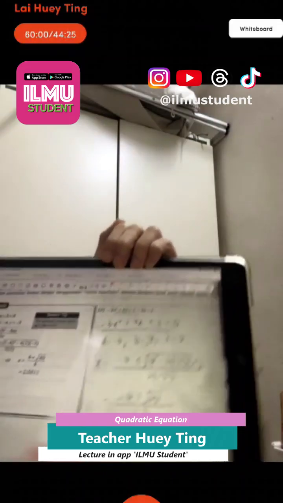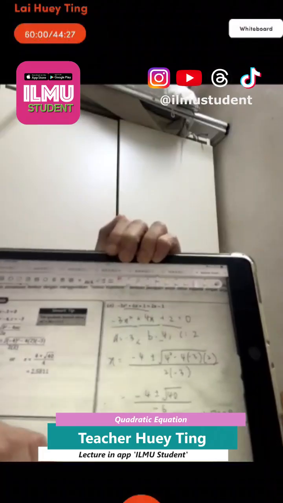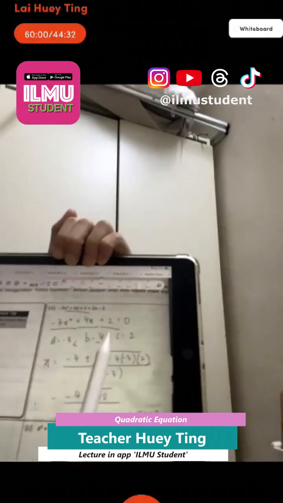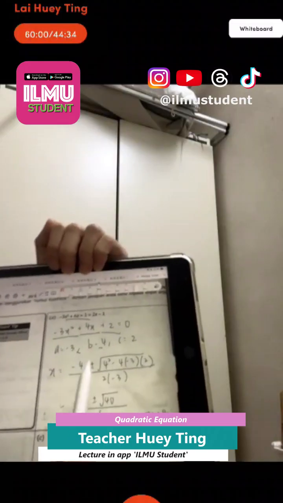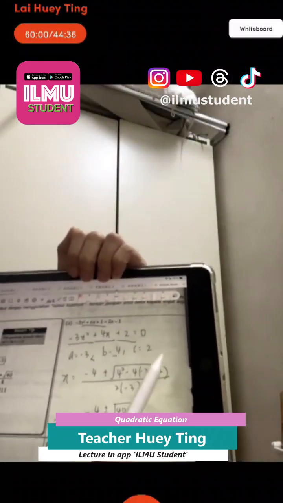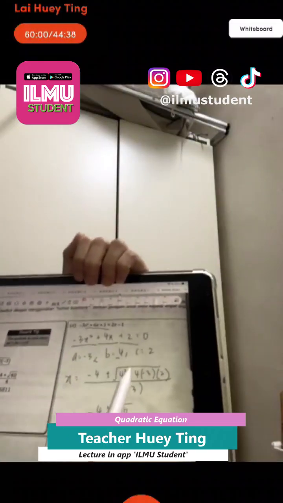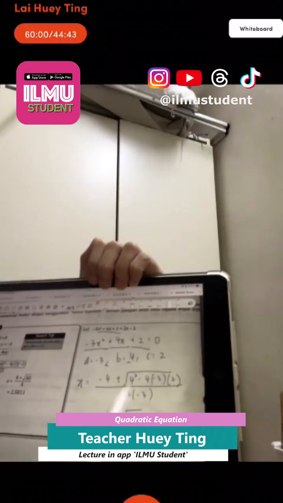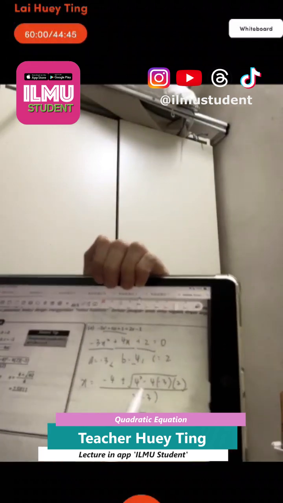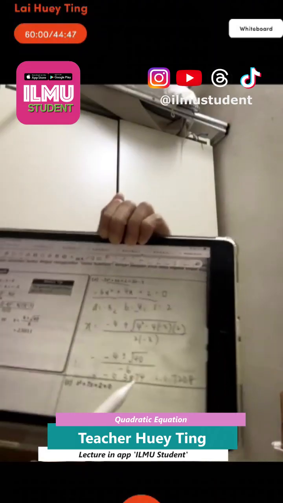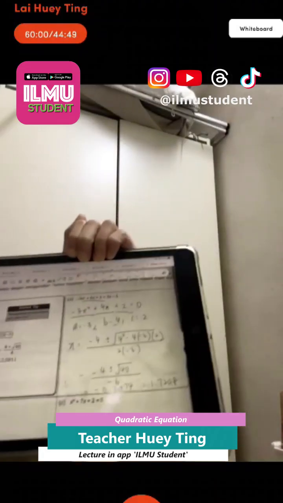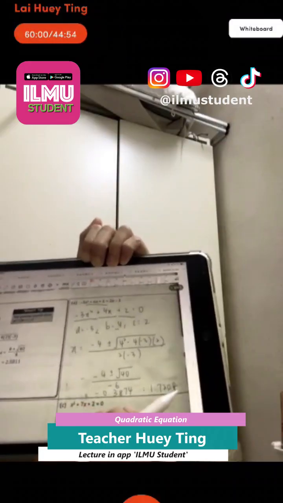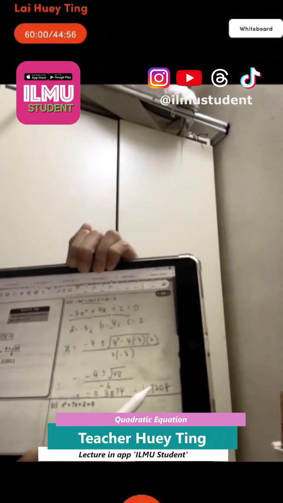After that, we apply this formula and put the ABC in it. So we put negative 4 plus minus the square root of 4 squared minus 4 times negative 3 times 2, and then over 2 times bracket negative 3. After that, we can simply get the answer: minus 0.3874, and the other answer is 1.7208.